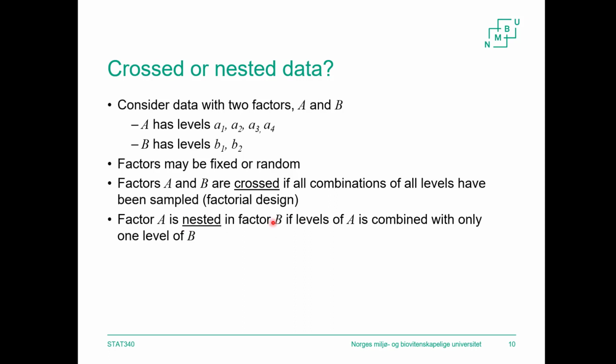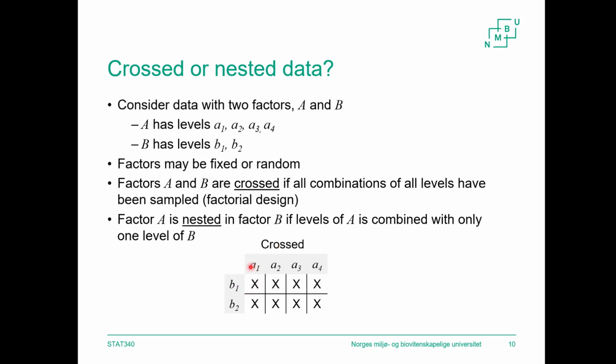The levels A is nested in B if A is combined with only one level of B. Some levels of A or all levels of A are combined with one level of B, and then some others are combined with another level of B, right? We can draw this as follows. This is how it looks if it's crossed.